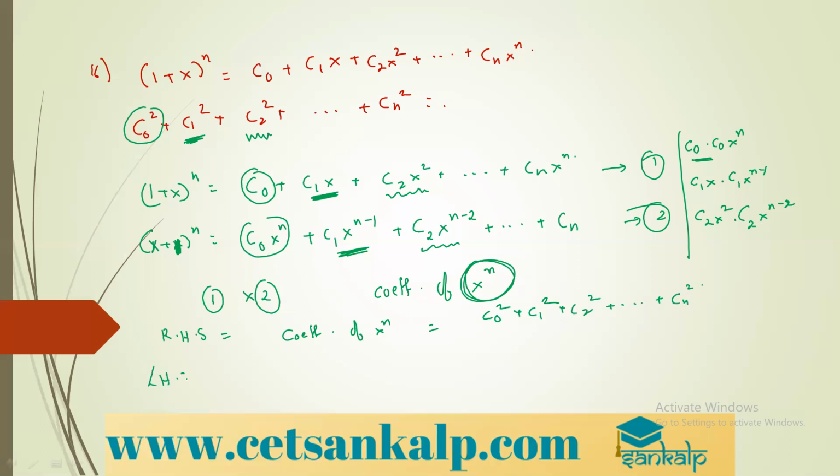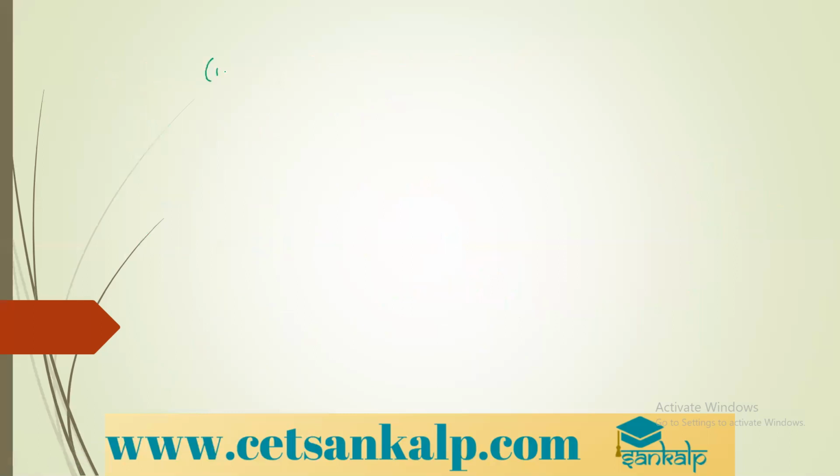The only thing left is on the left side, I have to find the coefficient of x power n in 1 plus x whole power n times x plus 1 whole power n. That means I will write 1 plus x whole power n, again 1 plus x whole power n, which is 1 plus x whole power 2n. So here the power n is 2n.